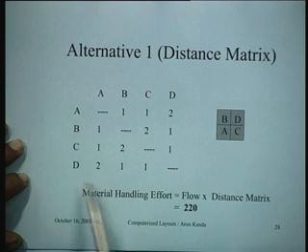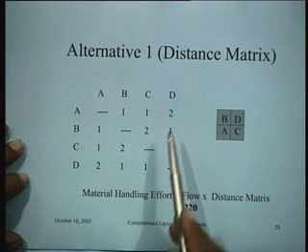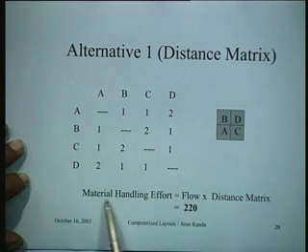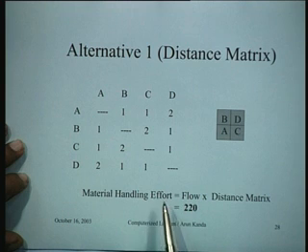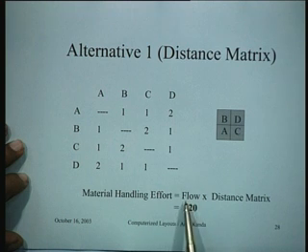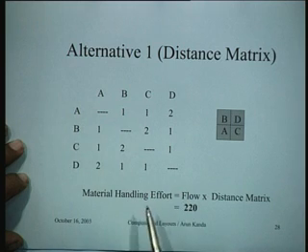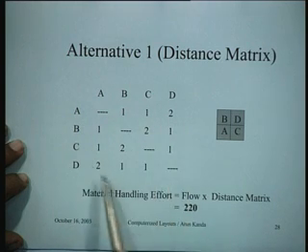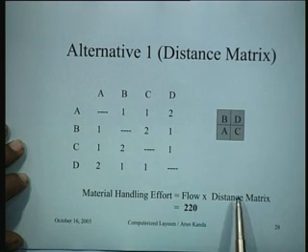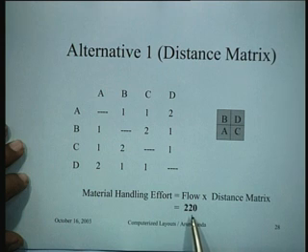So we calculate the material handling effort, which is nothing but the flow matrix, which remains unchanged, multiplied with this distance matrix, and again find out the total score, and for this particular case the total score works out to 220, right?